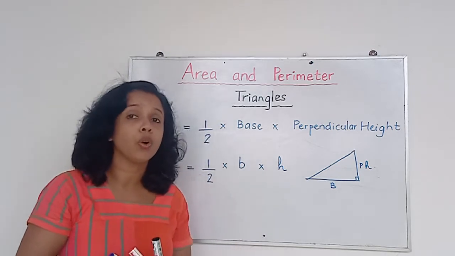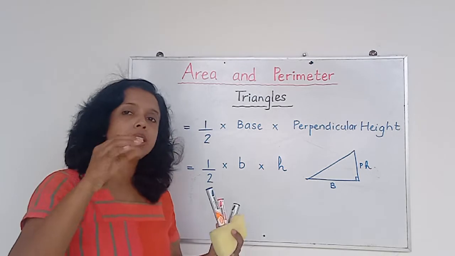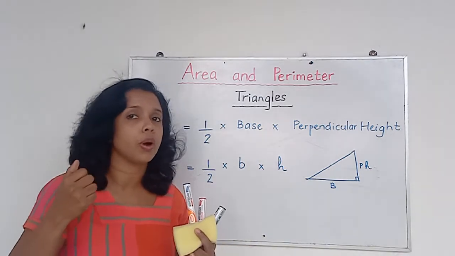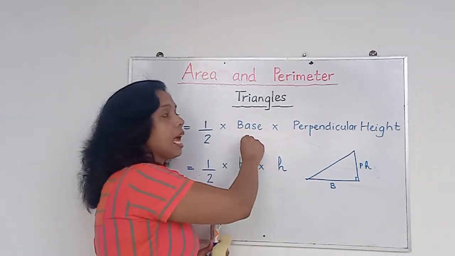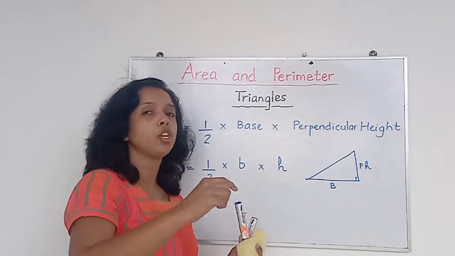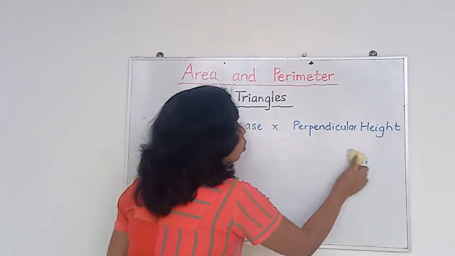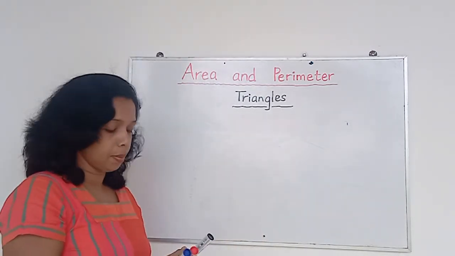If so, you want to apply this formula to whatever triangle they may give you. So we want to understand how we are going to identify the base and the perpendicular height of any triangle. Now let's do that. What is the formula? Half into base into perpendicular height.